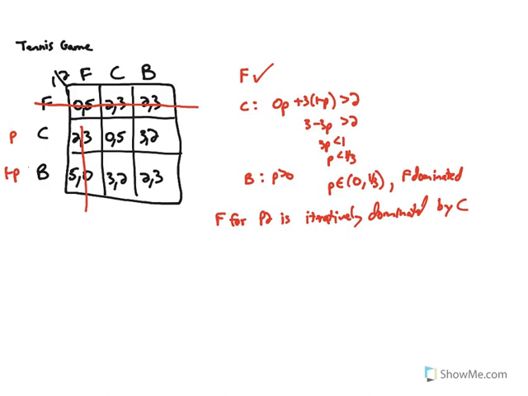Okay? So we're left with this 2x2 game, and there's nothing else dominated in here. Okay? If player 1 plays C, player 2 would like to play C. If player 2 plays C, player 1 would like to play B. If player 1 plays B, player 2 would like to play B, but if player 2 plays B, player 1 would like to play C, right?